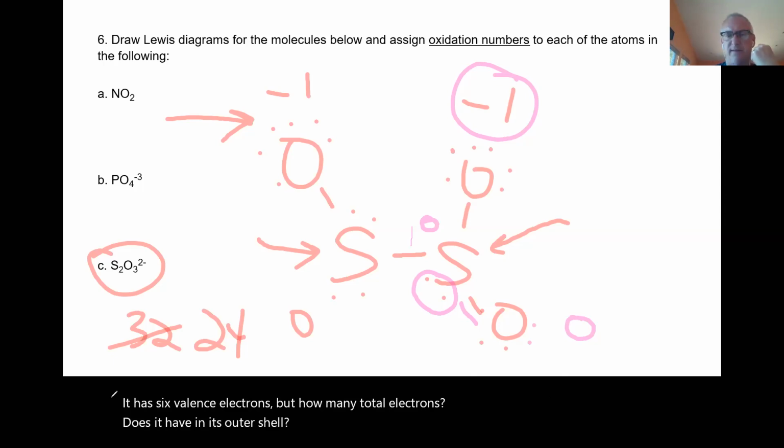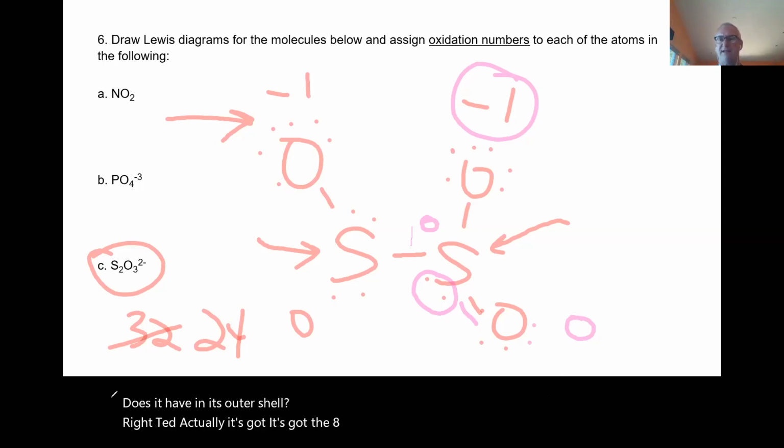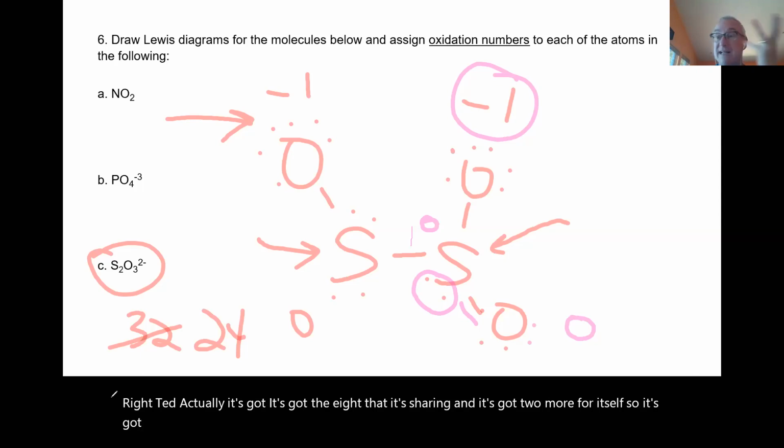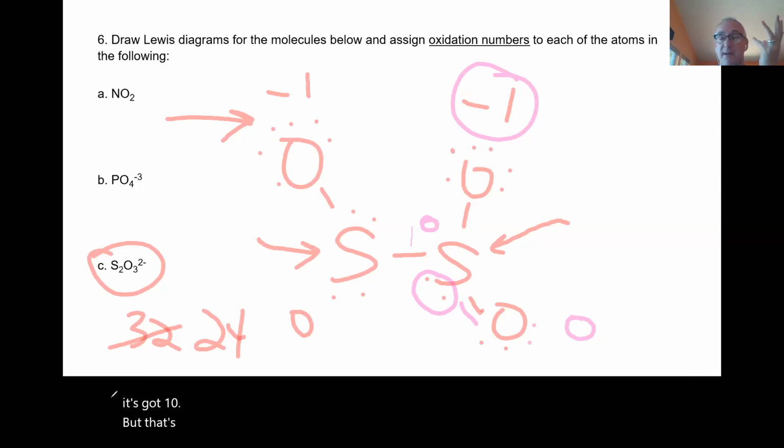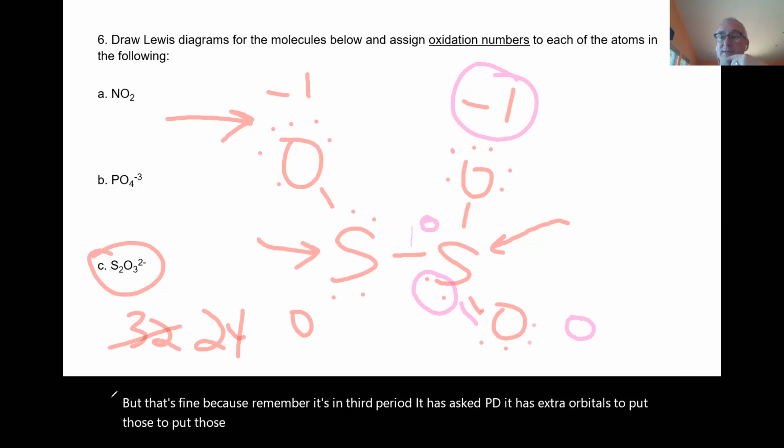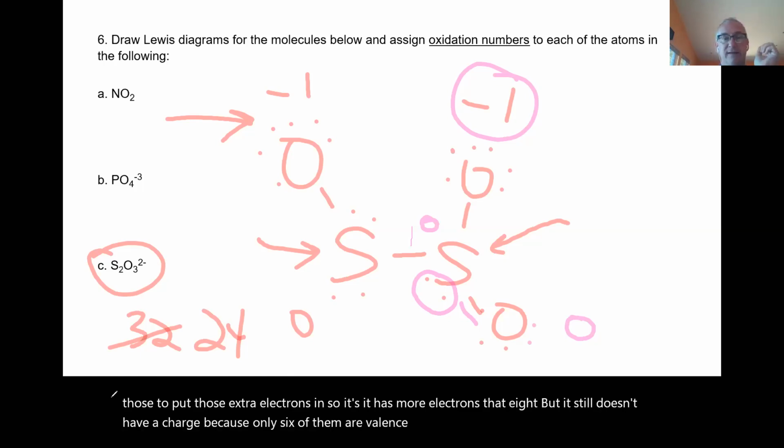Well, 10 actually. It's got the 8 that it's sharing, and it's got 2 more for itself. So it's got 10. But that's fine because remember, it's in the third period. It has s, p, and d, so it has extra orbitals to put those extra electrons in. So it has more electrons than 8, but it still doesn't have a charge because only 6 of them are valence electrons. So that's fine.